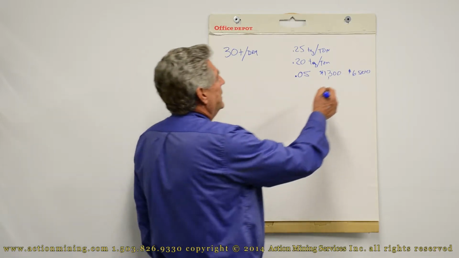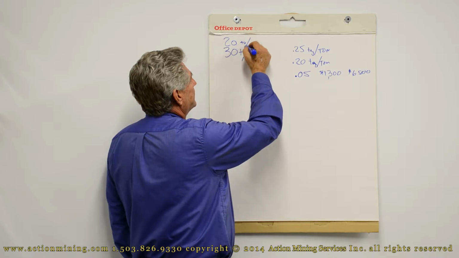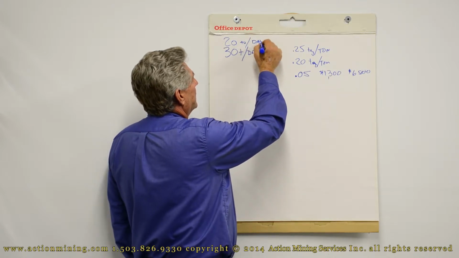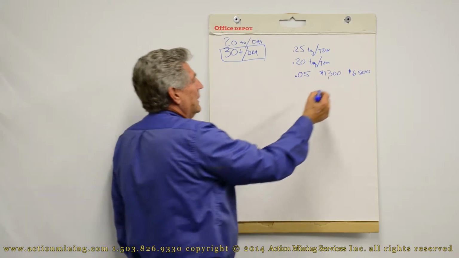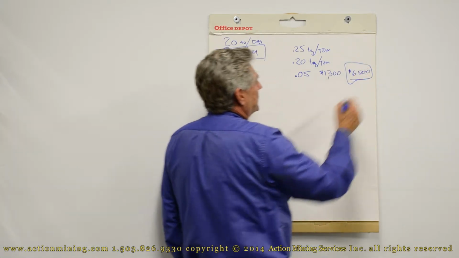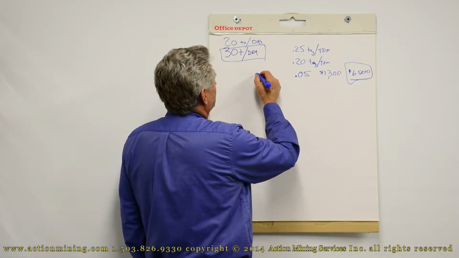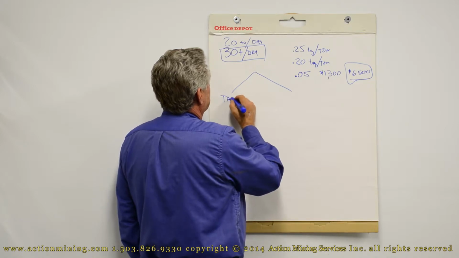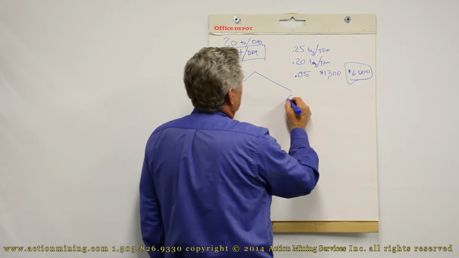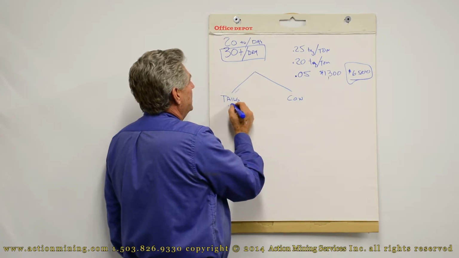So what I've done now, instead of running my 20 tons, I run it up to 30 tons. I'm leaving $65 worth of gold per ton. Now instead of having 2 cuts, 1 tails and 1 con, I now have a tail that's 0.05.